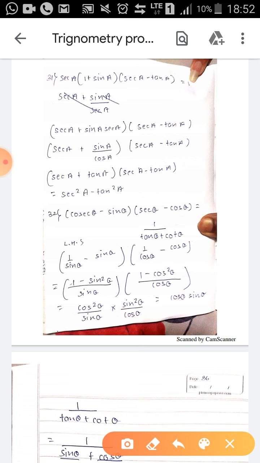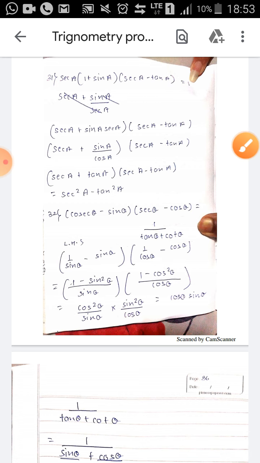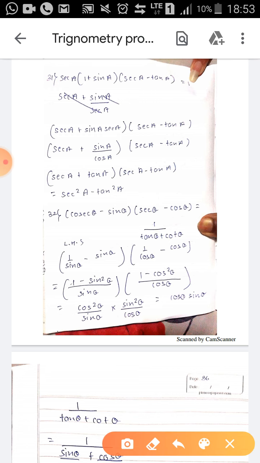Now what did I do? I took sin theta as the LCM in one bracket and cos theta as the LCM in the other. What did I get in the numerator? 1 minus sin square theta, and here in the numerator I got 1 minus cos square theta. 1 minus sin square theta is cos square theta, that's what I've written, and 1 minus cos square theta is sin square theta.